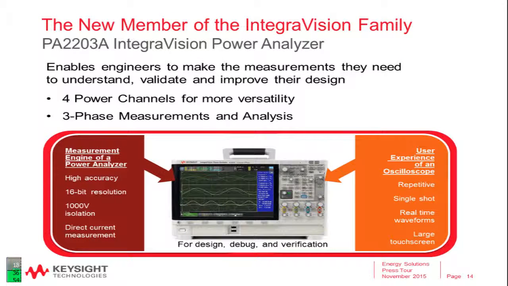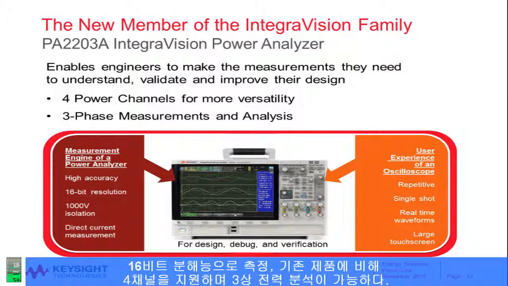So the IntegraVision power analyzer family enables engineers to make the measurements they need to understand what's happening inside their devices, to validate, make accurate measurements, and therefore improve their design. The new power analyzer is 4 channels, which makes it more versatile than the previous model, which was only 2 channels, and it's suitable for 3-phase measurements and analysis because it has 4 channels.